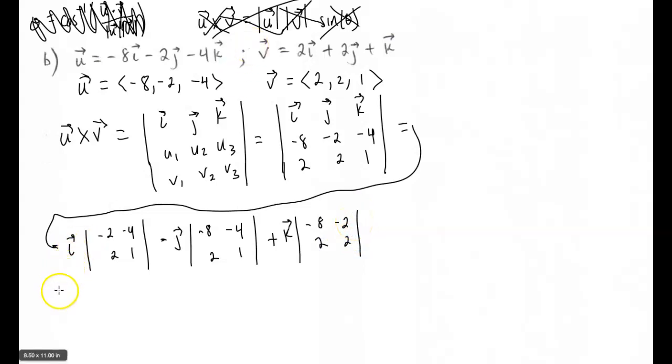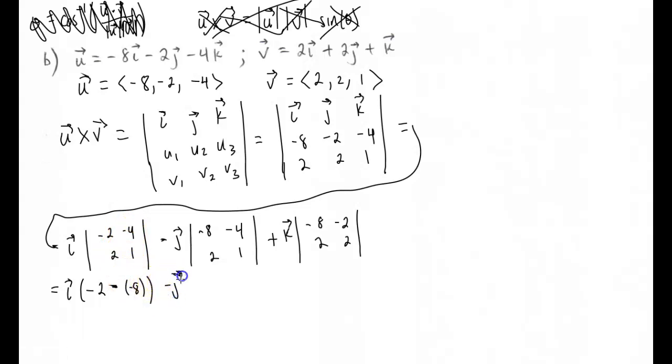And so now we go into calculating what we'll get here. The determinant of these minor matrices, we're just going to cross here. So -2 times a +1 will give me a -2. And then we subtract 2 times a -4, which is -8. Okay.